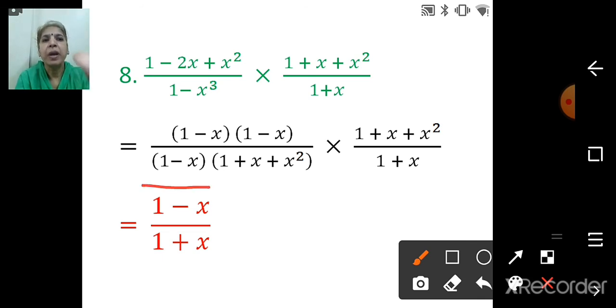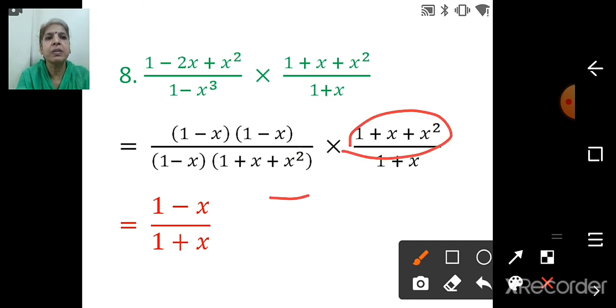So 1 minus x is the first bracket, the second is the square of the first term 1, plus 1 into x, so x, plus x square. Now 1 plus x square, multiplied, and the denominator is 1 plus x.